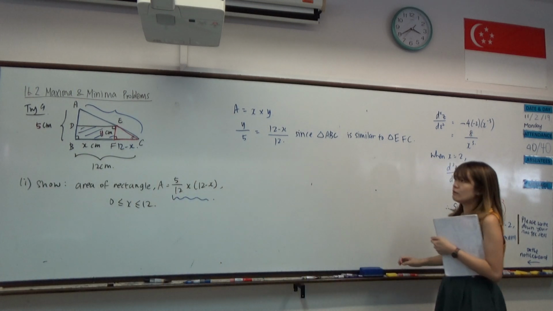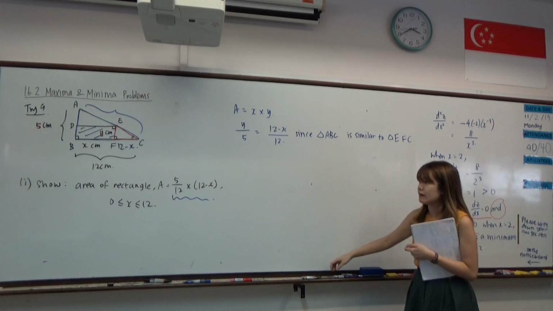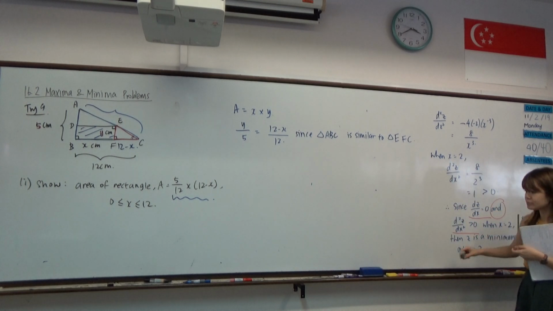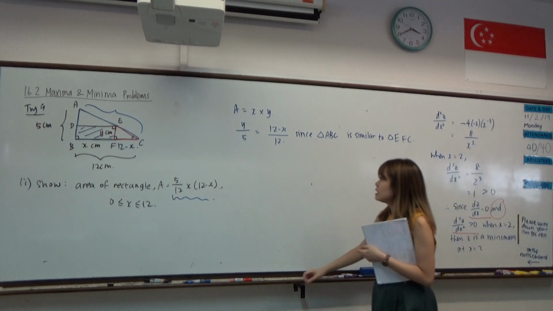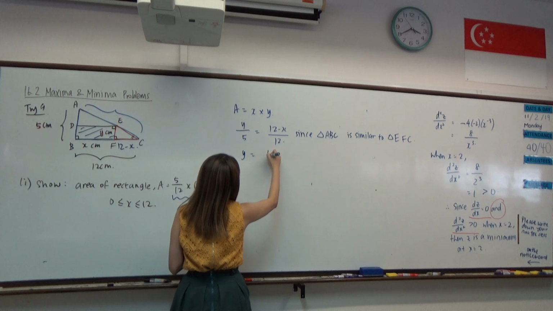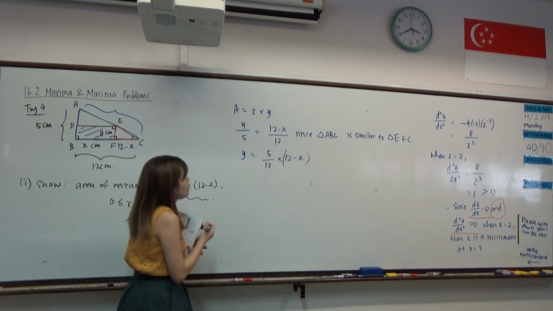So when we need to use similar triangles, usually AA similarity would tell you very easily and very quickly that the two things are similar, right? So from here we would get that y is equal to 5/12 times 12 minus x, right?